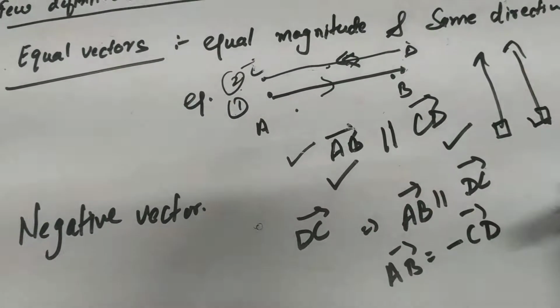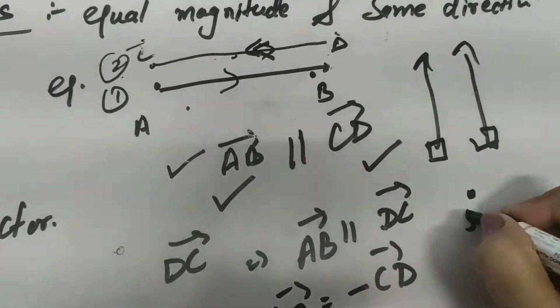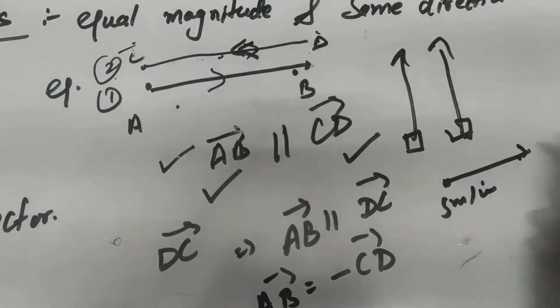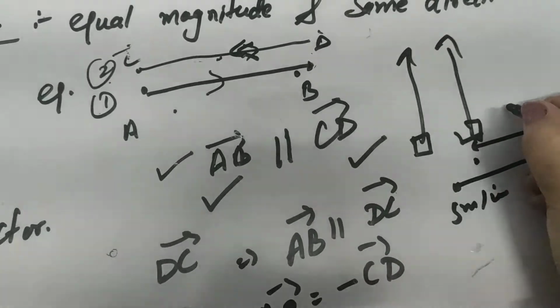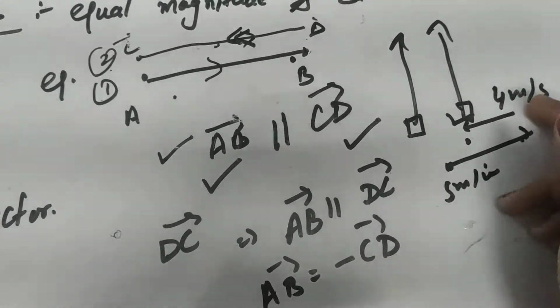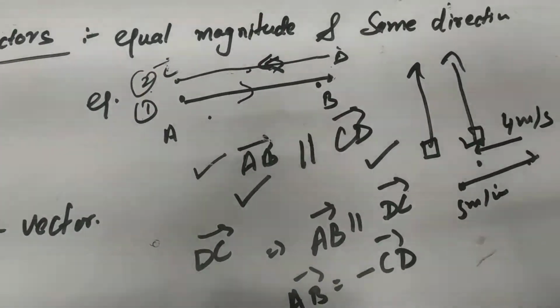If I give an example for this, suppose a body is moving with velocity 5 meter per second along this direction, and then it returns back and reaches this position with a speed of 4 meter per second. In this case, these two velocities represent negative vectors of each other.